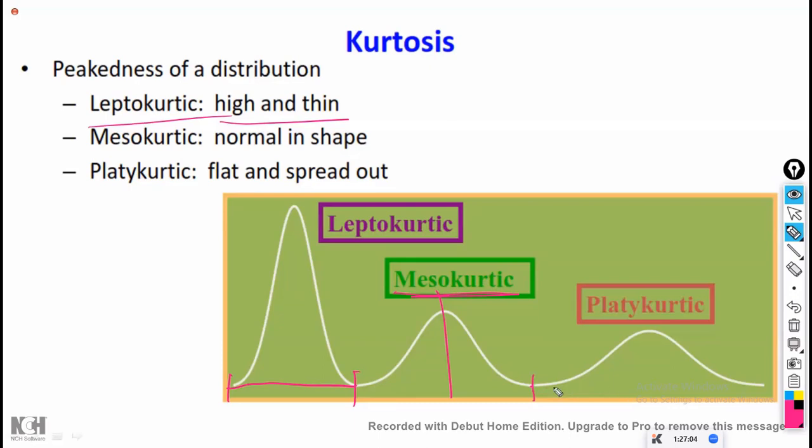If the data is flat, the height will be very less and the width will be very high, then it is called platykurtic. Leptokurtic, mesokurtic, and platykurtic. Whereas skewness tells about whether they are symmetrical or non-symmetrical, kurtosis says how much height of the data is there. If the height is very high with respect to the width being very low, it means leptokurtic. Okay, and mesokurtic and platykurtic.